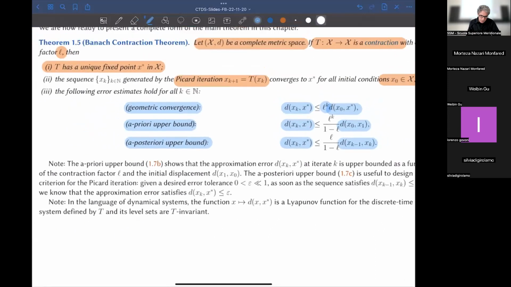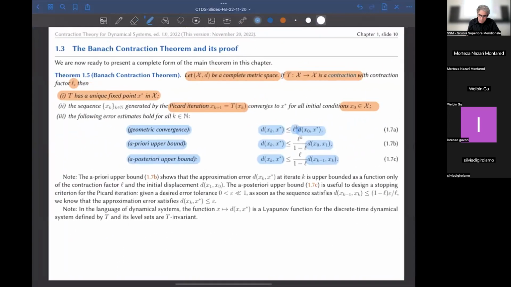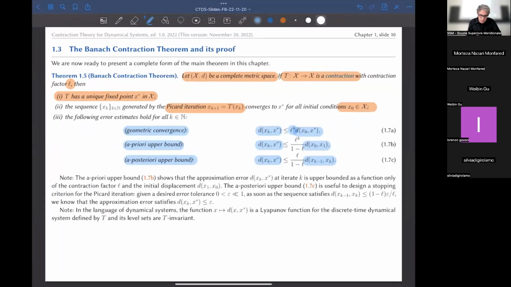Perfect. So, by the way, I don't know why, but people never taught me this, but this is a theorem about dynamical systems. Mathematicians perhaps would not say that. That's not the way it's presented. But this is a theorem about the dynamical system x_{k+1} = T(x_k).